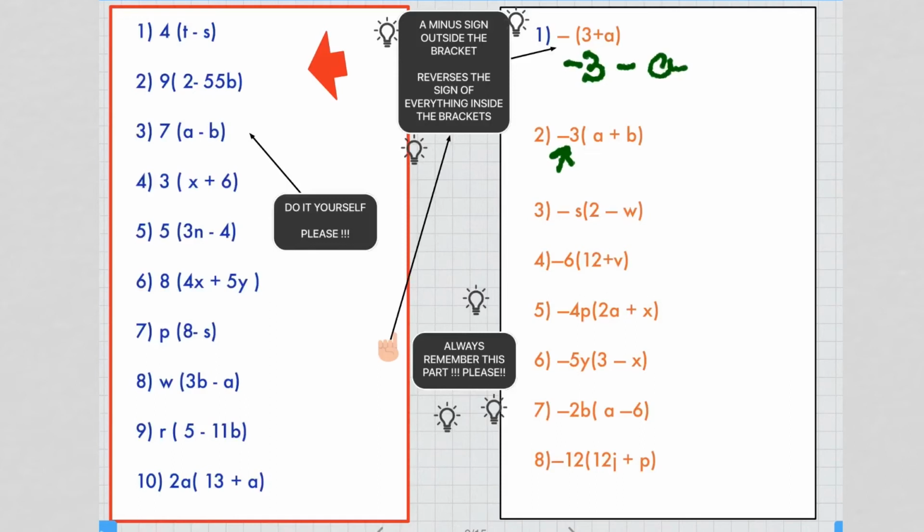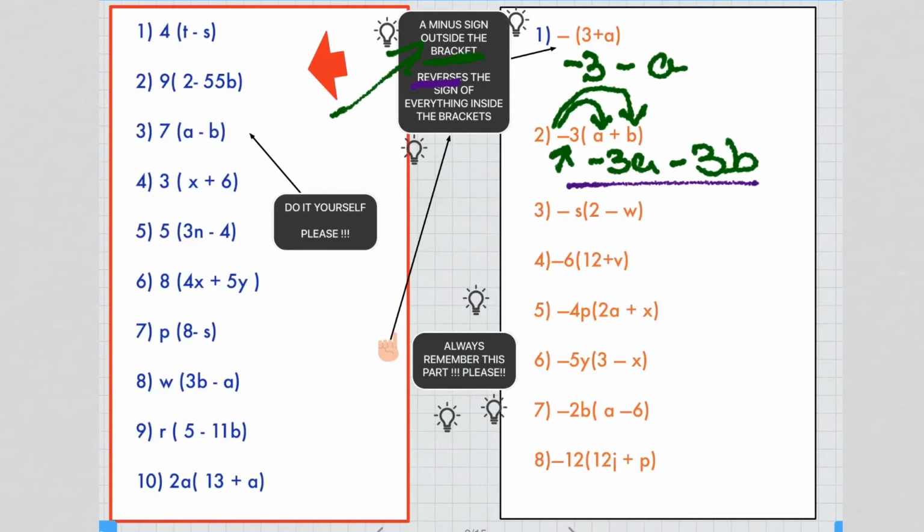So for this one, we would have -3 times a is -3a. The rest of the things are the same. We're gonna times -3 with a, which is -3a, and then -3 with b, which will make -3 times plus b is -3b. So what we can see clearly here, a minus sign outside the bracket reverses the sign of everything inside the brackets.